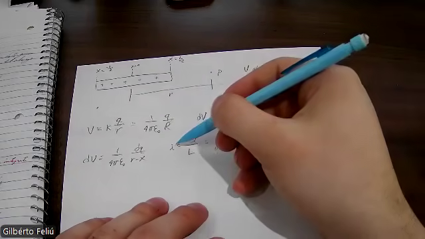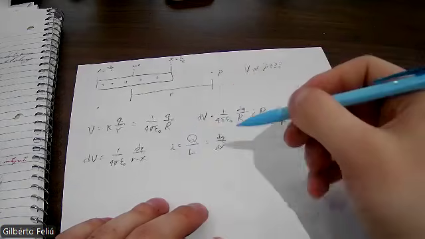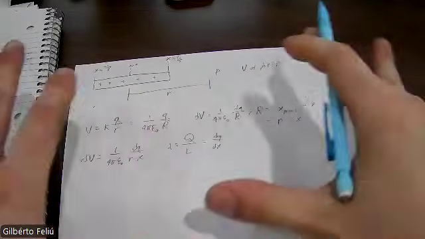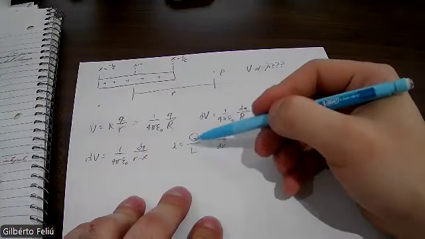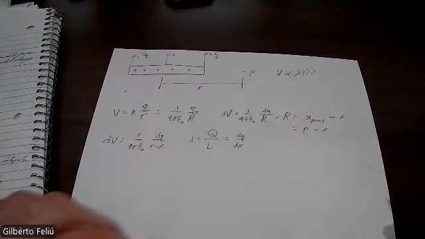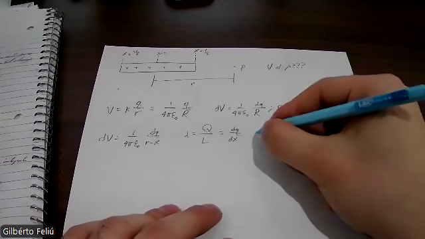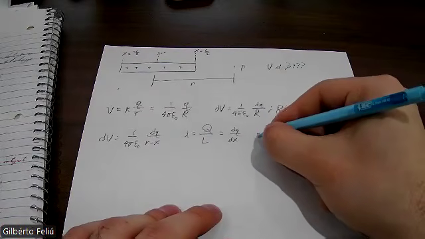Why leave lambda in the math if we already know what these things are? So you can solve for dq.